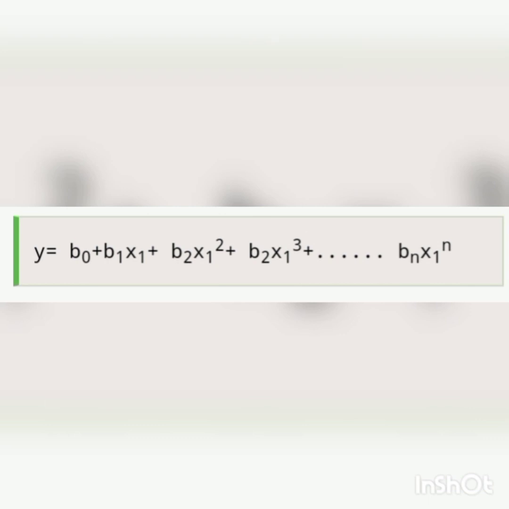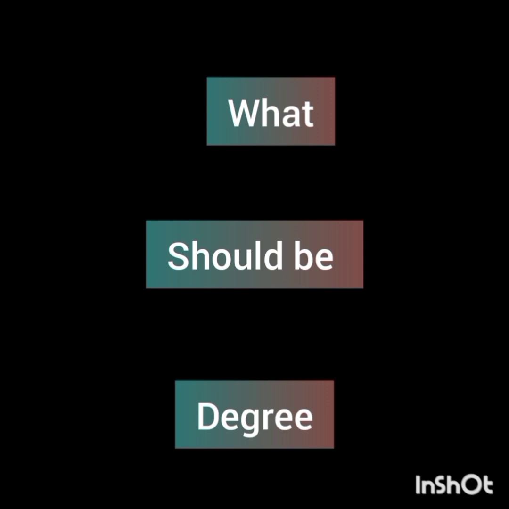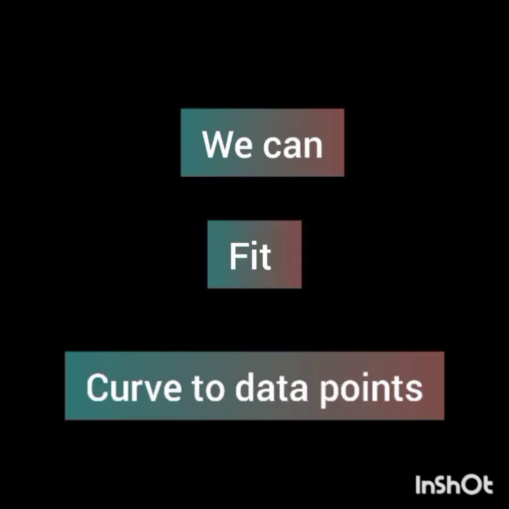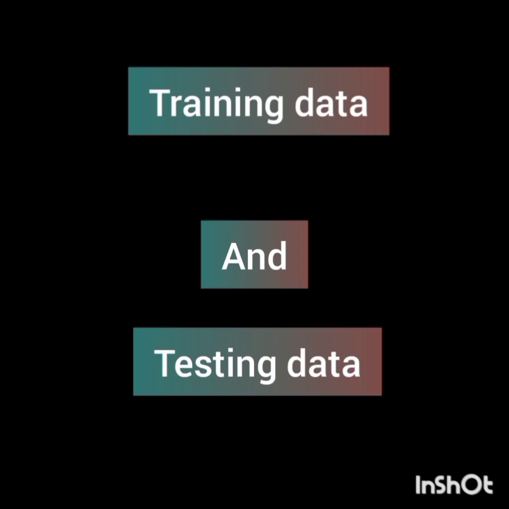If we represent this in generic form, we get y equals sigma i equals 1 to n of mi xi plus c. Then what should be the degree, so we can fit the curve to the data points such that there are fewer errors for both train data and test data?